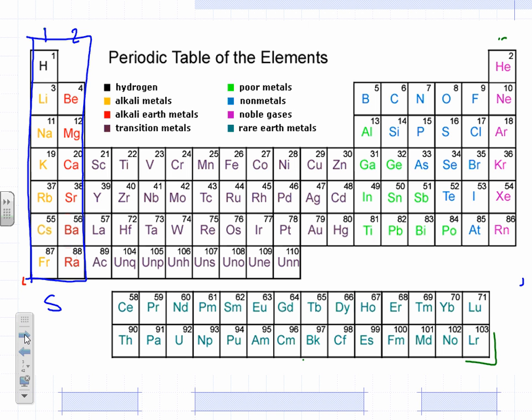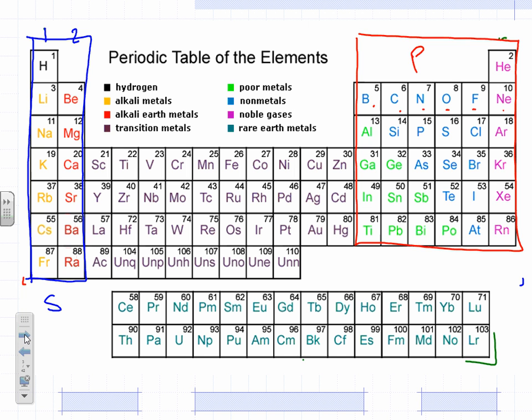And we've got this block over here that is 6 elements wide: 1, 2, 3, 4, 5, 6. And this is the P block. So we know that this represents elements that are filling their P subshells.